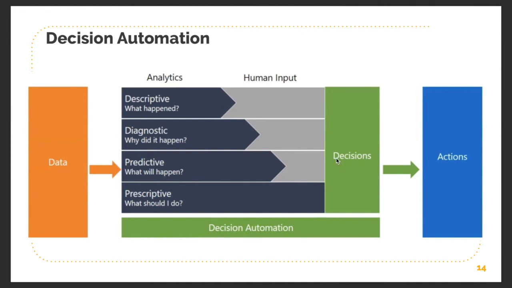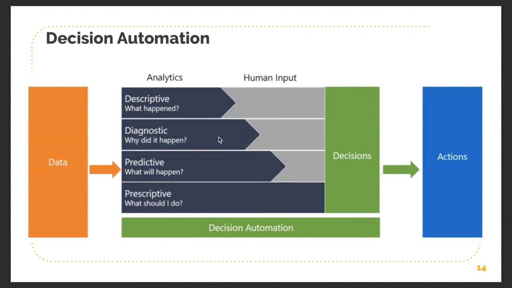In descriptive analytics, you have half analytics, but you also need the same amount of human intervention to come up with a decision. Because in the descriptive form, you analyze, and it will tell you, oh, your sales went down this month. Now it's up to you as the supervisor.